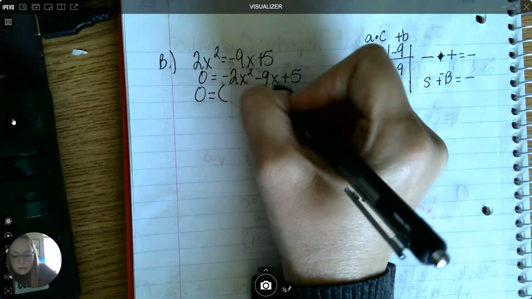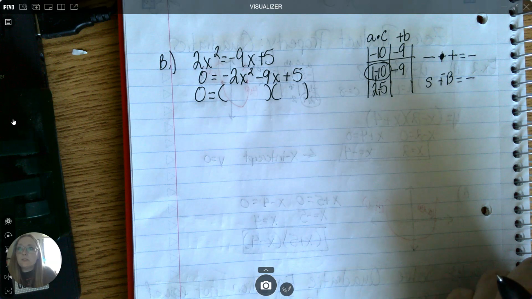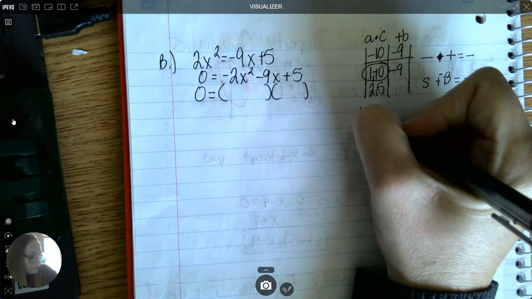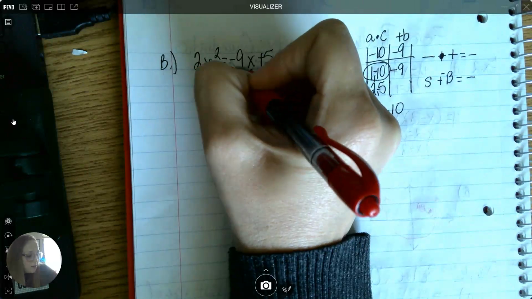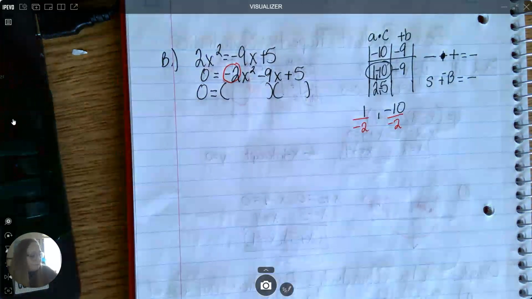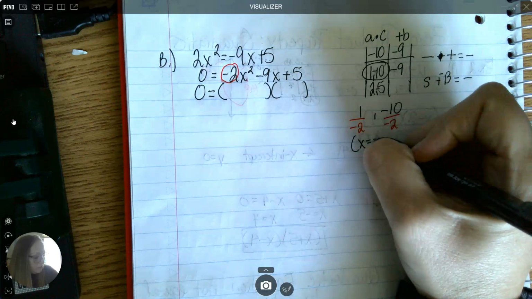Now remember, our trick to factor by grouping, which is a little bit of a shortcut, is I'm going to take my two numbers and divide them by my leading coefficient, which was negative 2. So I would get, oh, no, not equals. Look at me.